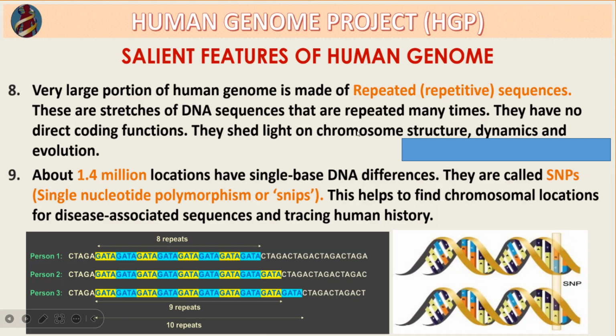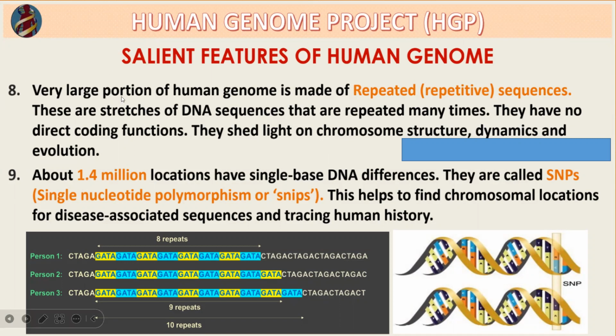They just help in giving chromosome structure, dynamics, stability, and evolution. So these repetitive sequences help to increase the size of the chromosome, or help to make the chromosome stable, and also tell about evolution. I told you these sequences which are not working in us were working in our ancestors. So that tells you about evolution.